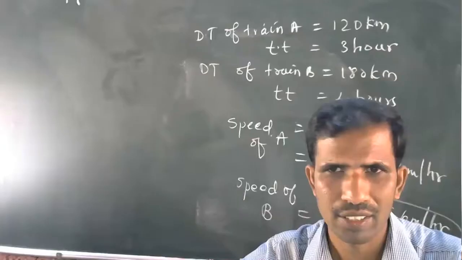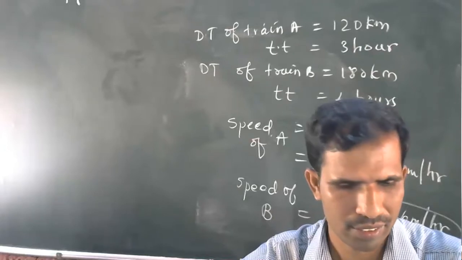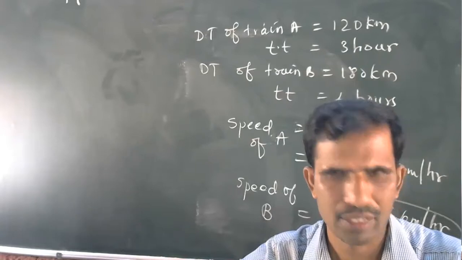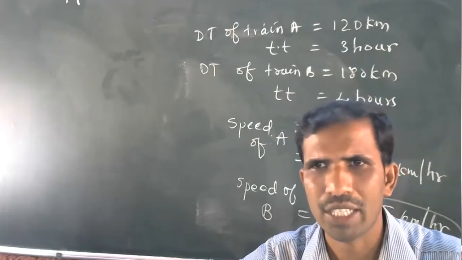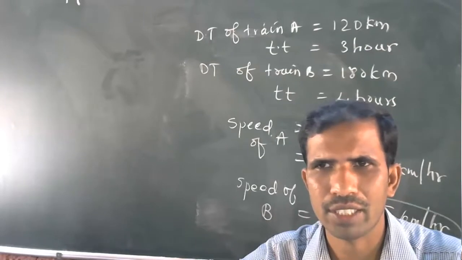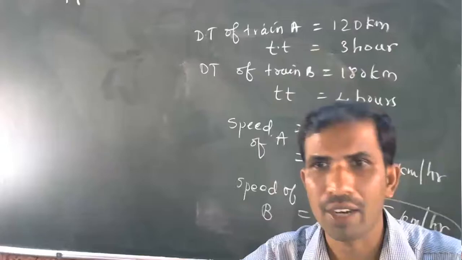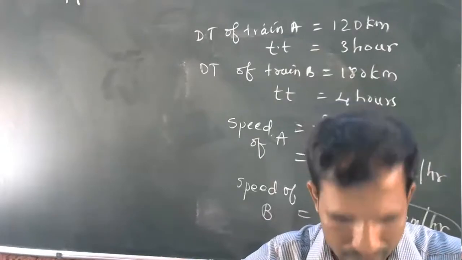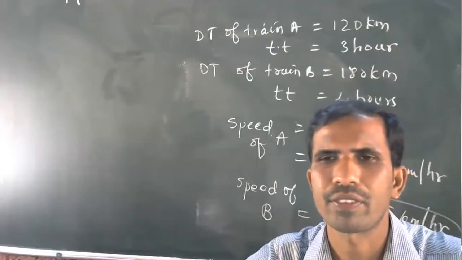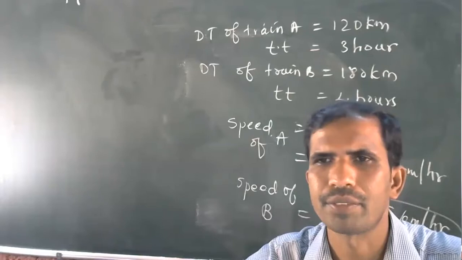Sir, the second train is faster, sir, 12.5 meters per second. Second one is right. The second train is faster, right? Yes, sir. Okay, meter per second. You have calculated it. Okay. Yeah, thank you.